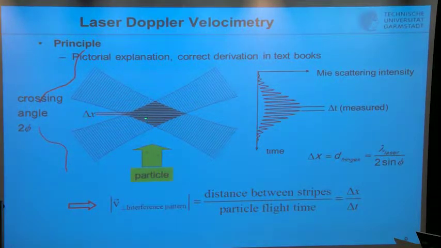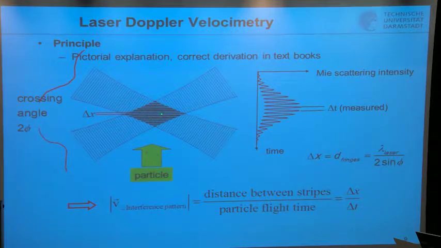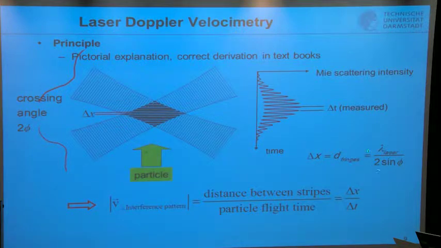Then you can calculate the difference between these stripes of interference. These interference stripes have a certain displacement, and this displacement depends on the crossing angle 2 phi and the laser wavelength, which is as well known precisely.